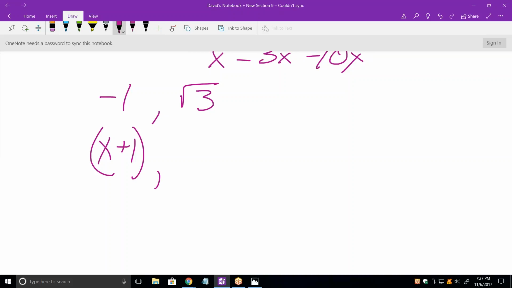Yeah, I was about to get there. Here's another one where they gave you only 2 zeros, but you can figure out a third zero.